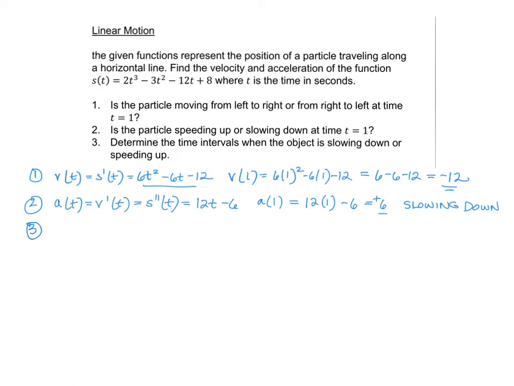So the velocity function is given by 6t squared minus 6t minus 12, and we can set that equal to 0 to find out maybe when it's changing from positive to negative and then negative to positive. So let's go ahead and set this equal to 0.